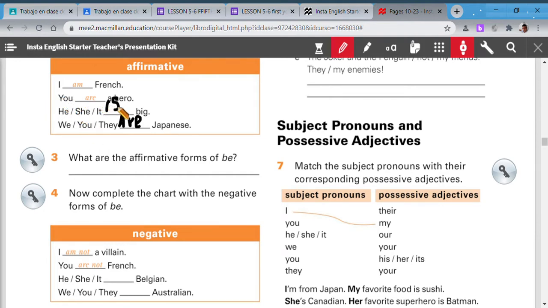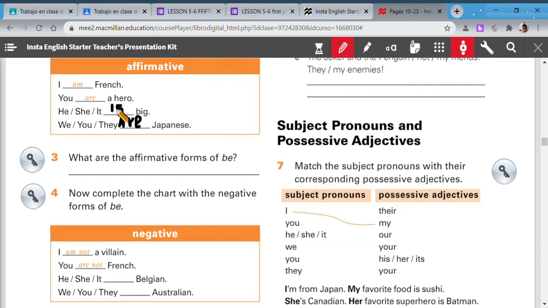In this one, remember, it was for singular, a hero, a police officer. But now, in this second part, it's for plural. For example, when we talk about many people, you and Maria are Japanese, or you and your friends are students.